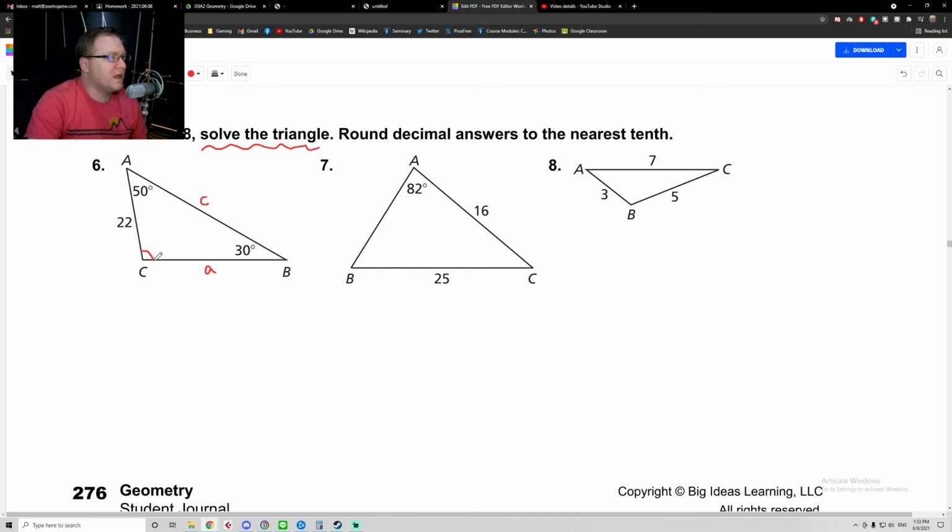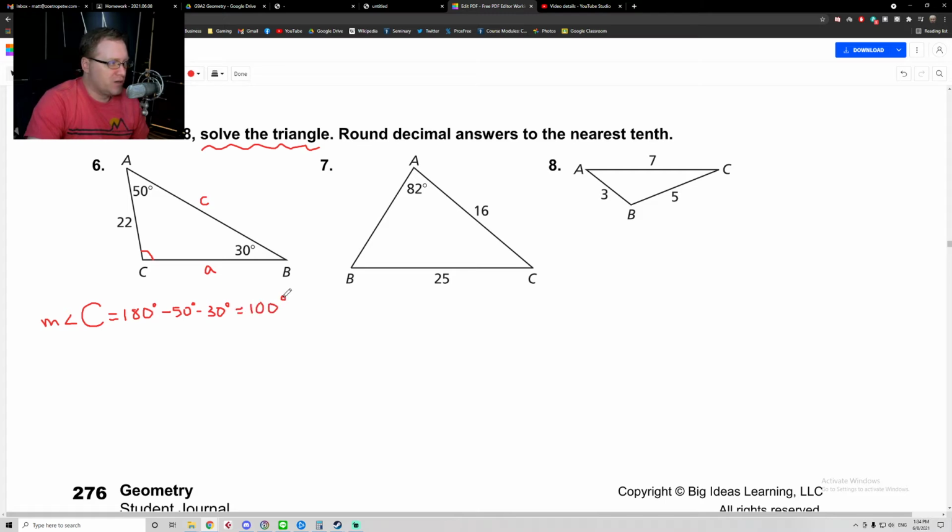Now, how do we do this? Well, you should know that finding angle C is actually very easy because we know that the angles of a triangle should always add up to 180. So that means the measure of angle C has to be 180 minus 50 minus 30, which equals 100 degrees.